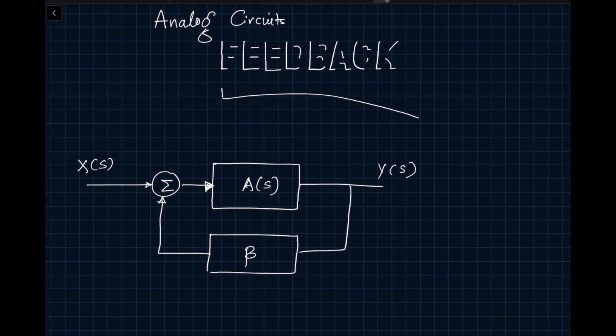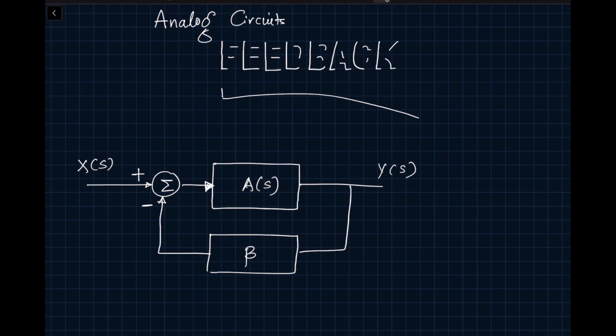So it's important that this input sign is positive and this is negative, indicating negative feedback. A(s) is the feed forward gain. s indicates that it's a function of frequency, and beta is the feedback. In this case, we are assuming that it's constant over frequency, so it's like a scalar.